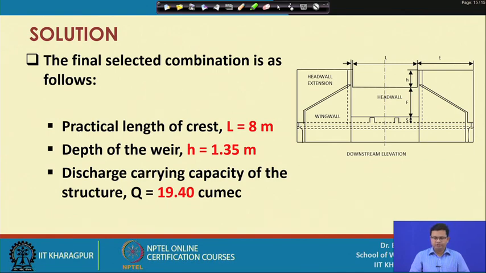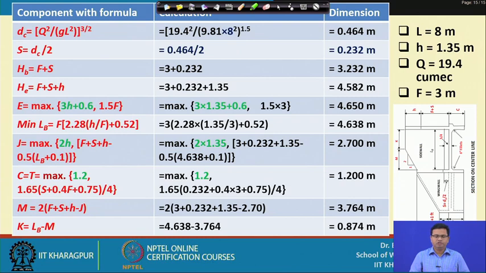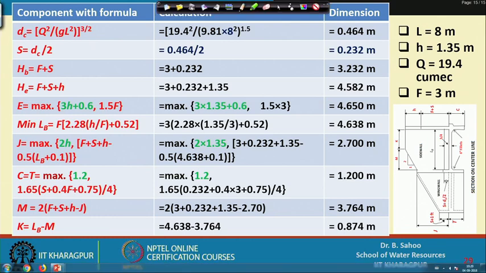by using the summary table. So, all these calculations are given in this table. So, by using these values of L, H, Q and F shown in the right hand side here, I can estimate my DC, that is the critical depth of flow. So, that equal to 0.464 meter, S equal to DC by 2.